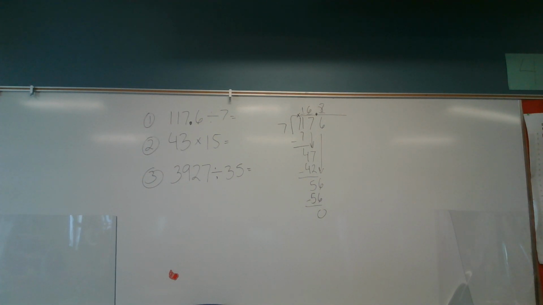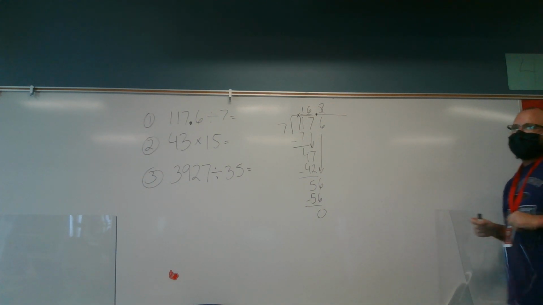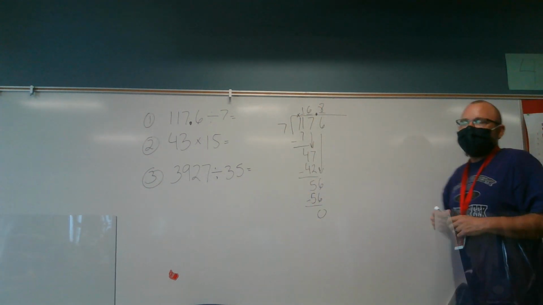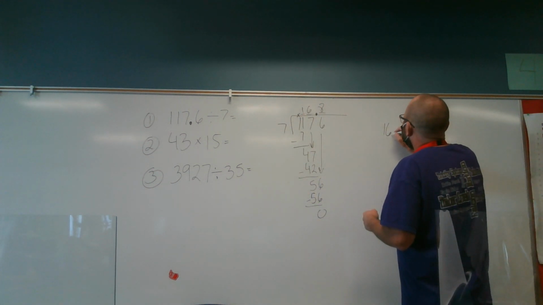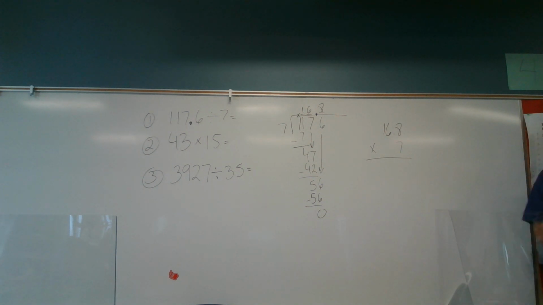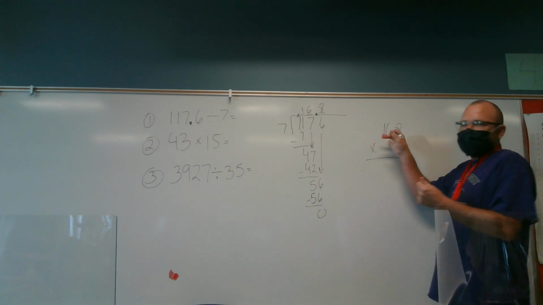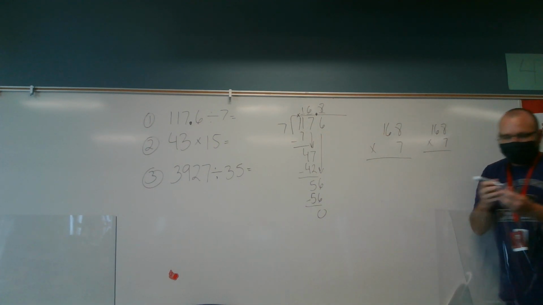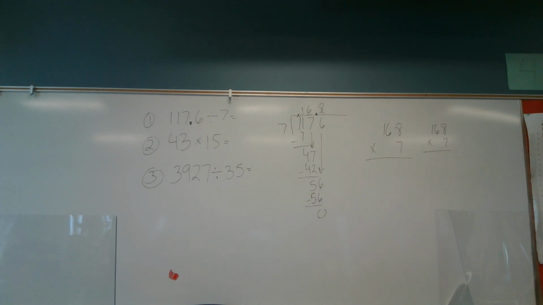But wait. I want to check to make sure my answer is correct. In order to do that, I'm going to multiply 16 and 8/10 times 7. When I multiply and I have decimals, I'm going to ignore the decimals and start by multiplying 168 times 7.